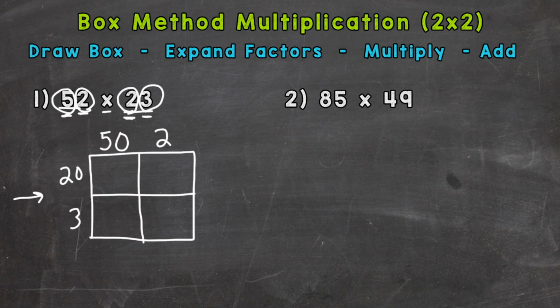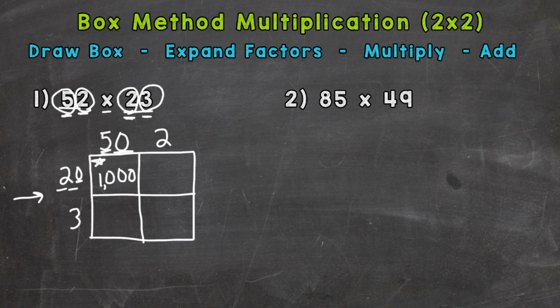So the first multiplication problem we're going to do, 20 times this 50, and the answer is going to go in this top square here. So 20 times 50, we can use mental math. We can do 2 times 5, which is 10, and then put our 2 zeros back on in order to push everything to the correct place value. So 20 times 50 gives us 1,000.